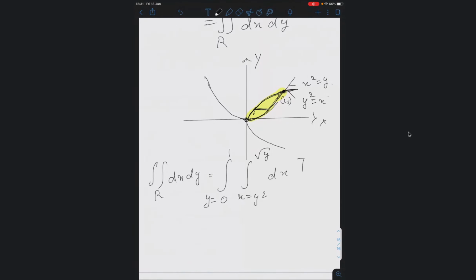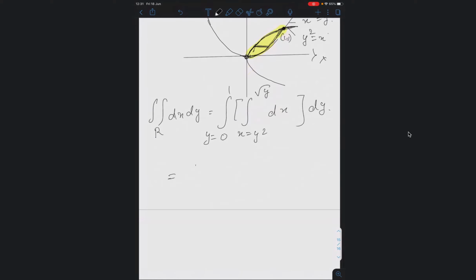So first you will integrate with respect to x and then with respect to y. So 0 to 1, as it is, you integrate and get x only, with limits y square to root y, dy. When you solve it, you will get root y, that is y to the power half, minus y square. And this whole thing you need to integrate with respect to y.